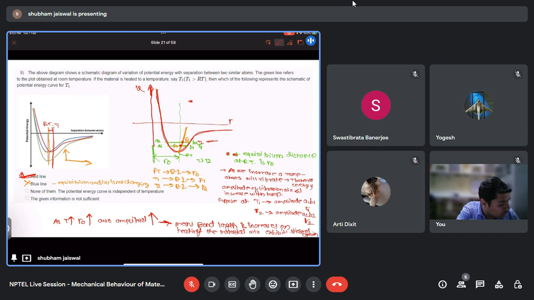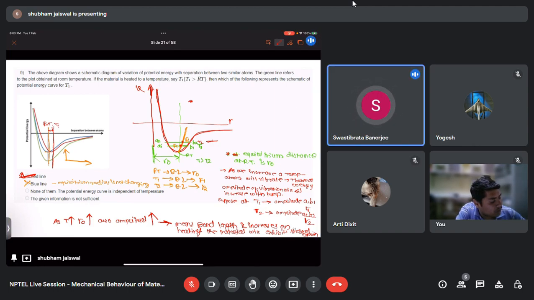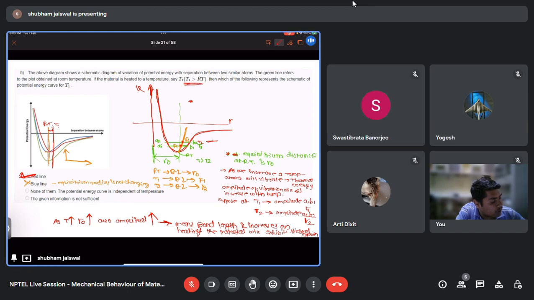In this option, the blue curve has the same bond length at room temperature as well as at temperature T1. But in the question they mention that T1 is greater than room temperature, so our interatomic distance should shift towards the right. Only in the red curve has the interatomic distance shifted towards the right. So that's why this option. Okay, got it, sir.